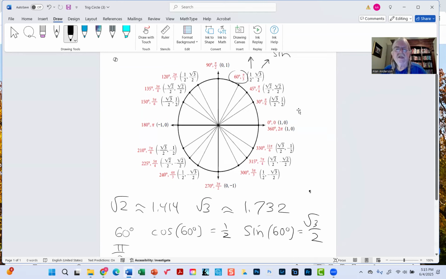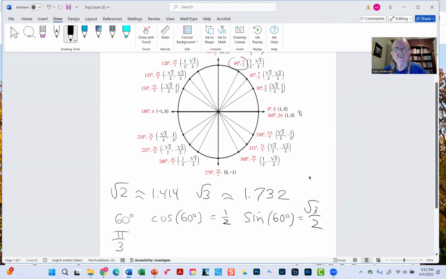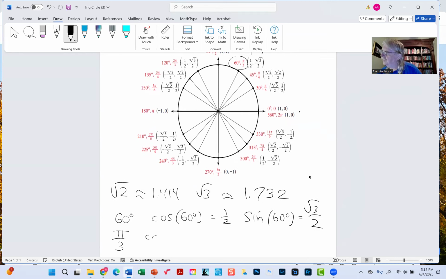As far as radians go, the cosine of pi over 3 radians, of course, is a half, and the sine of pi over 3 radians would therefore be radical 3 over 2.